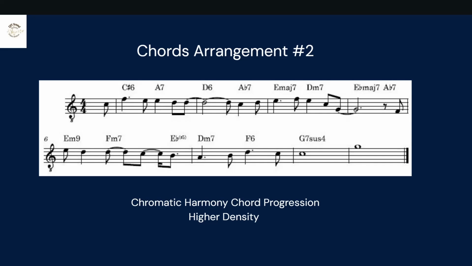You can hear that the only thing in common between these two arrangements is the final G7 sus. The rest is changing around. You can see the chromatic harmony going from a D minor 7 to an E flat major 7 and then A flat 7 and so forth.